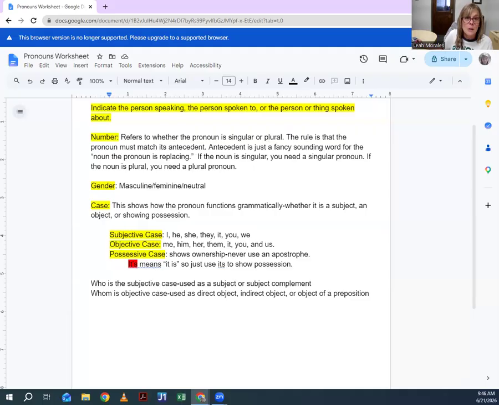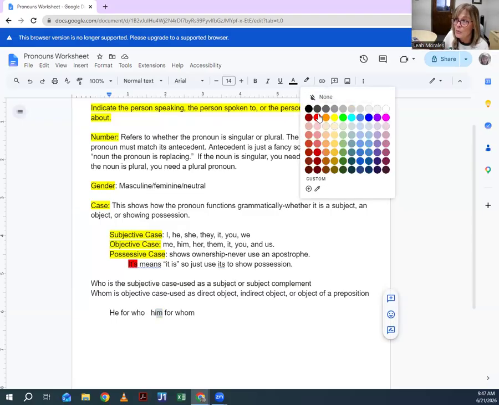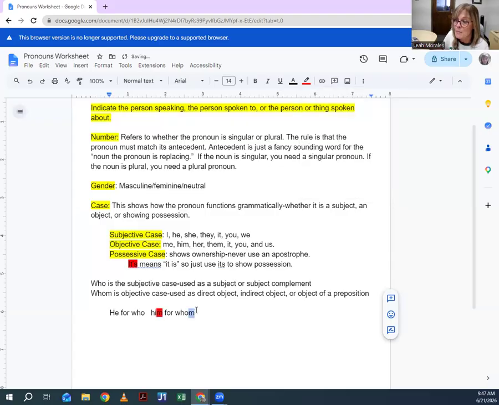A good trick to help you remember, I think this is the best trick you can try to use, is use he for who and try to replace it, and use him for whom. And the reason we use the masculine pronouns is not because we're trying to stick to the patriarchy. It's because him ends with an M, just like whom does. And so that helps you remember how to match them.